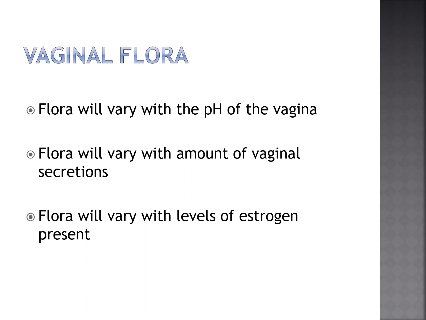Usually, in the female genital tract, there is an abundant amount of lactobacillus, which is normal vaginal flora that makes lactic acid and keeps the vaginal pH slightly acidic at about 4 to 5. Most pathogens don't like that pH. The flora also varies with the amount of vaginal secretions being produced and with estrogen levels.